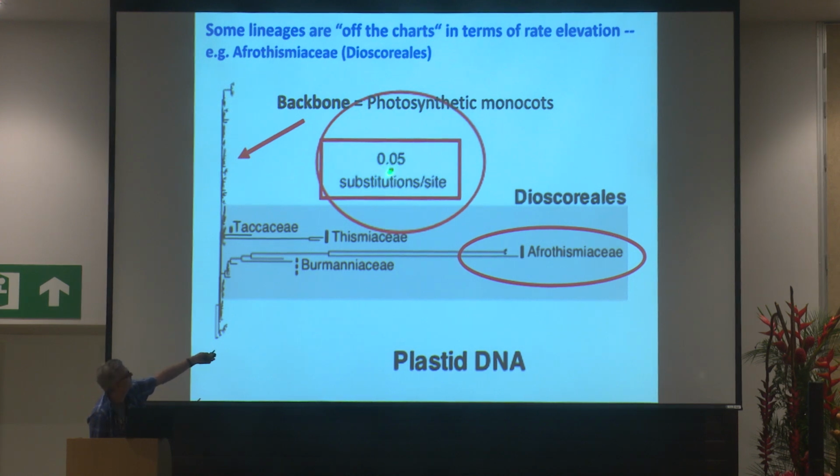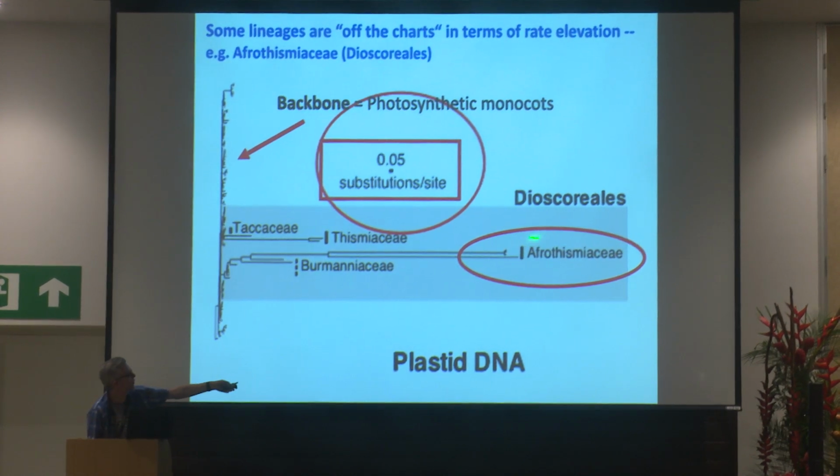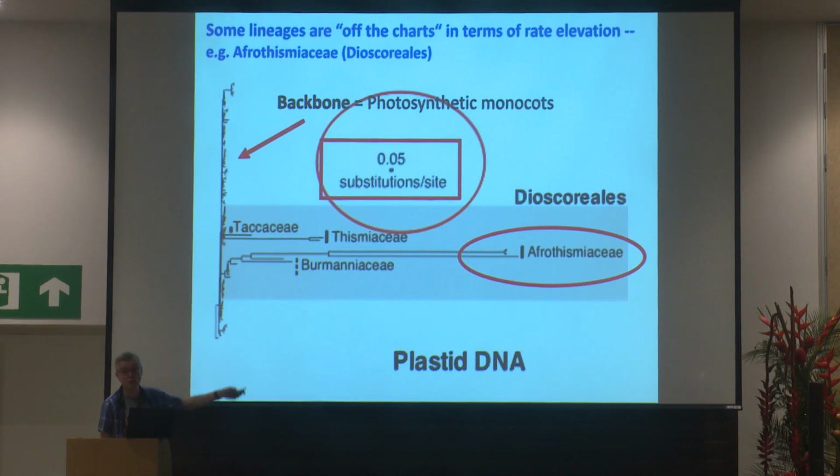So look at that little tiny scale bar there. If you multiply through, there's probably an average of 2 or 3 substitutions per site in Afrothismiaceae, which is probably one of the longest branch lineages of plants, with highly elevated rates. So this is a real challenge for making any kind of phylogenetic inference.